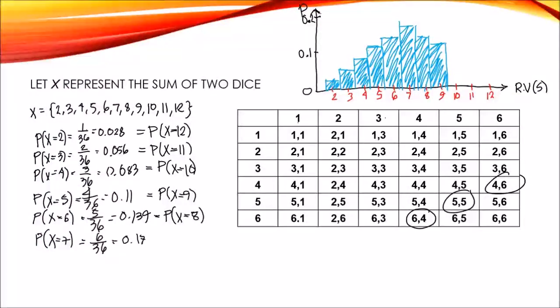For x equal to 10, the same as with x equal to 4. When our x equals 11, that is the same as with x equal to 2, that's 0.056. This one here. And for 12, that is only 0.028, that is this portion here.